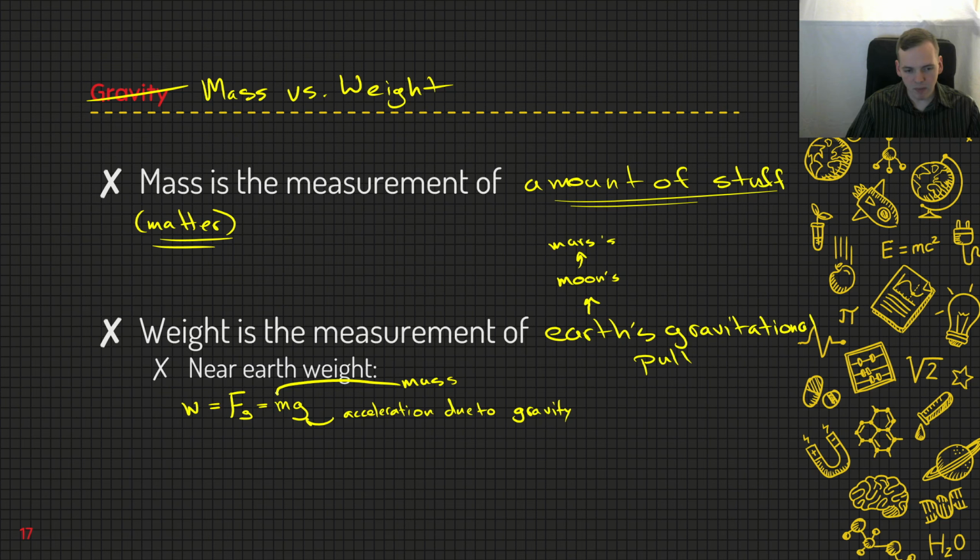So if you take your mass and multiply by 9.8, you can find your weight. And weight, if you'll notice, has this Fg. It's the Earth's gravitational pull, so weight uses newtons. And we'll see that in a second. So that's the definition of both.